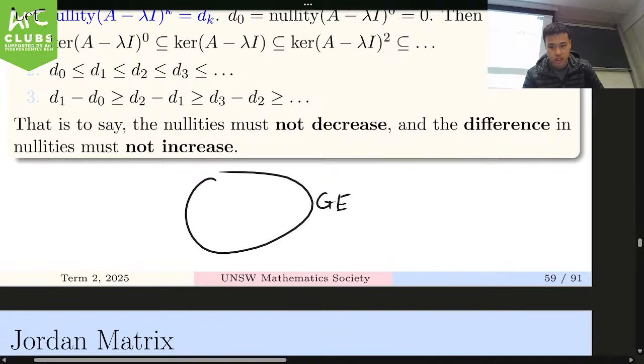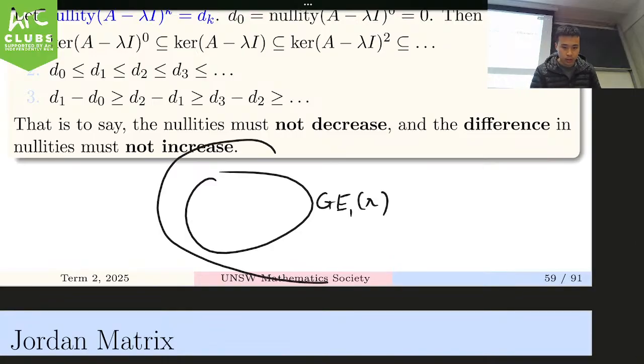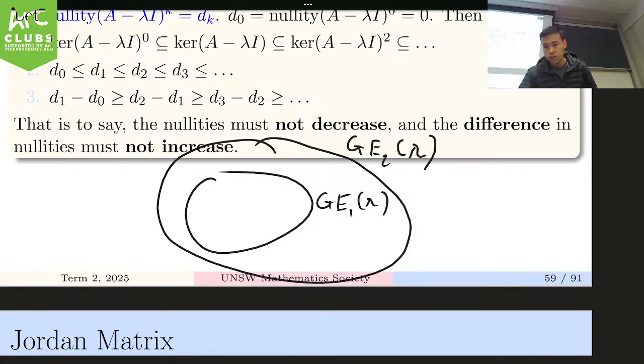Let's say this is GE1 of lambda, whatever it is. When you power that matrix, the generalized eigenspace gets bigger. So maybe this is GE2 of lambda, when you square the kernel. In that case, you farm more eigenvectors that may or may not have been in this one here. If I grab some vector b that's part of GE1, that's definitely going to be a part of GE2.